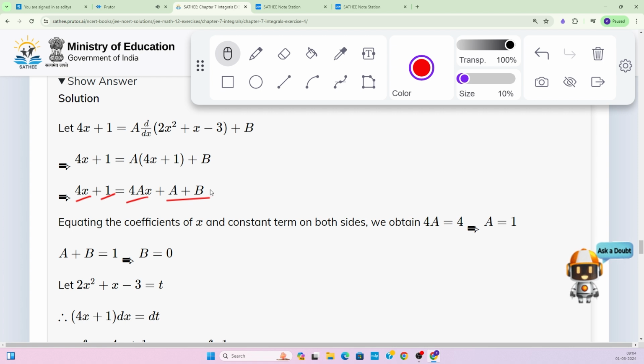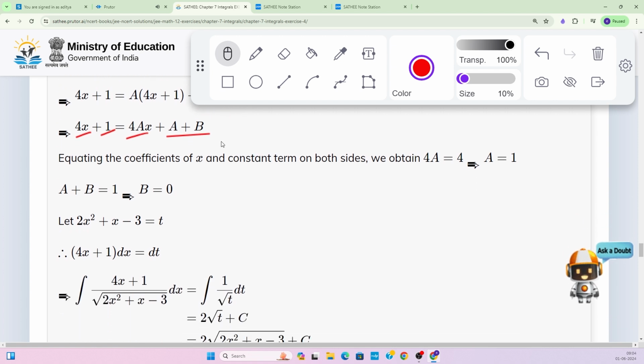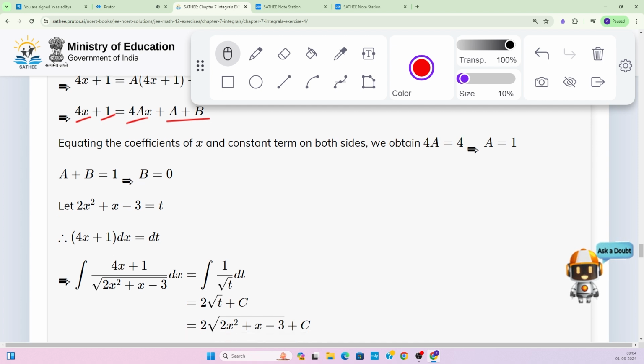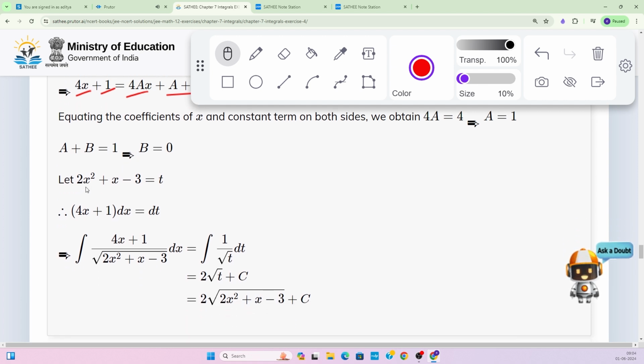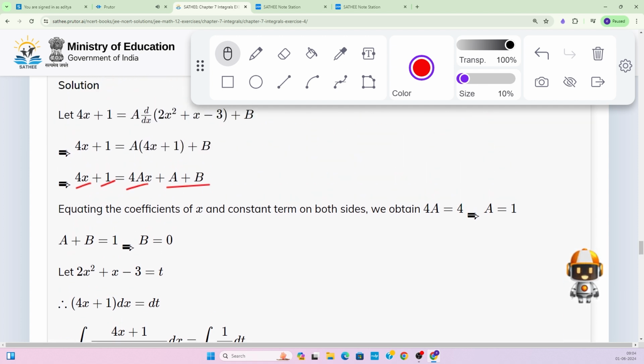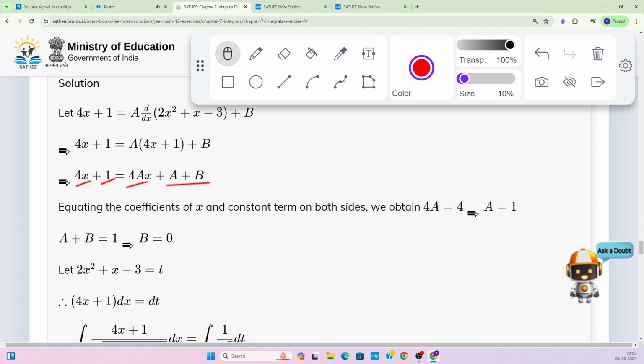If a is 1, then b will be 0, because a plus b is equal to 1. This means we take 2x square plus x minus 3 as t. I hope it is clear to you.